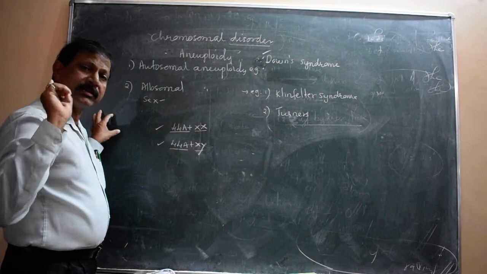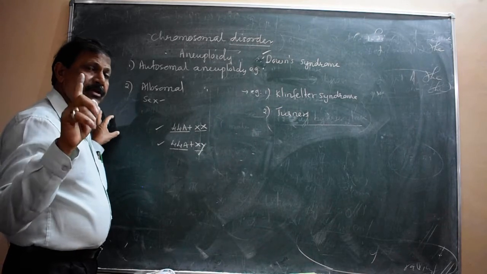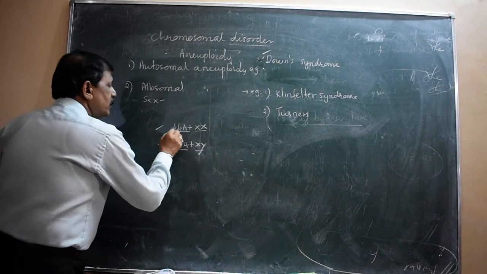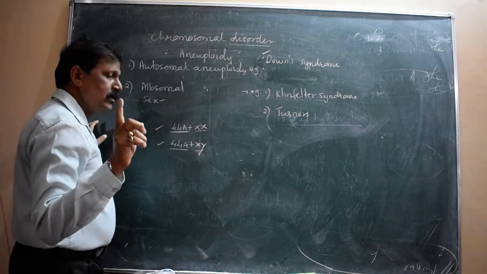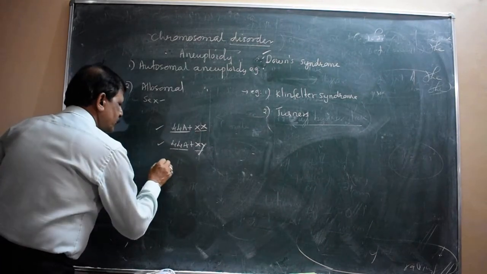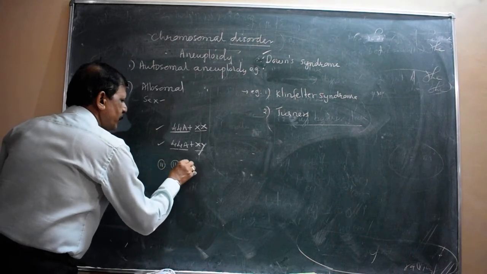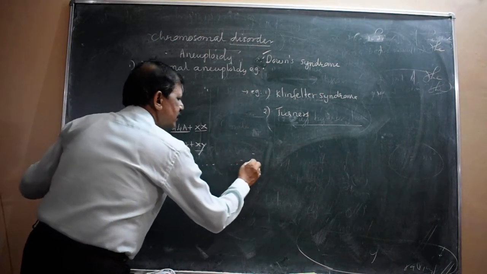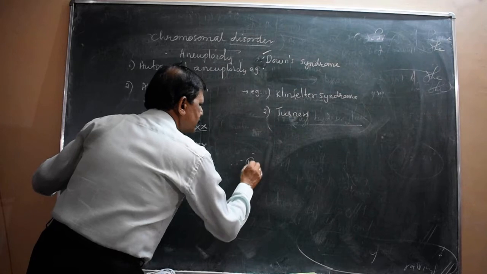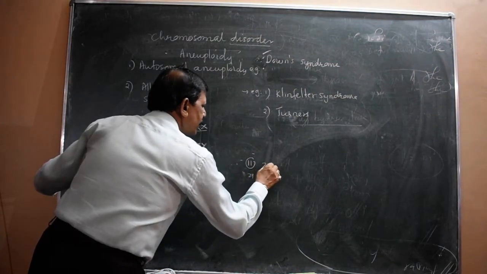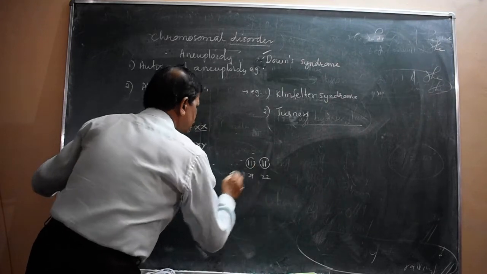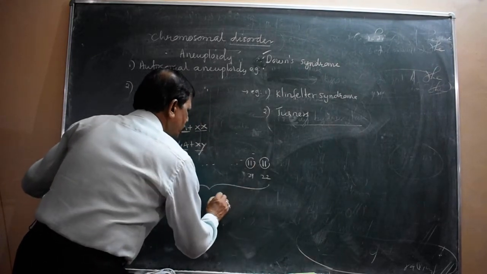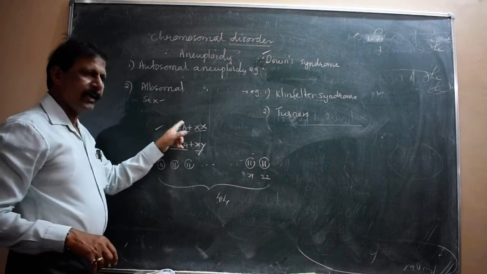He came to know about the 21st autosomal set. See here how many sets are there? 22 sets, which means 22 pairs. This is the first pair, second pair, third pair, and so on, up to the 21st pair and then the 22nd pair. The total number of chromosomes will be 44, that is 44A, either male or female.